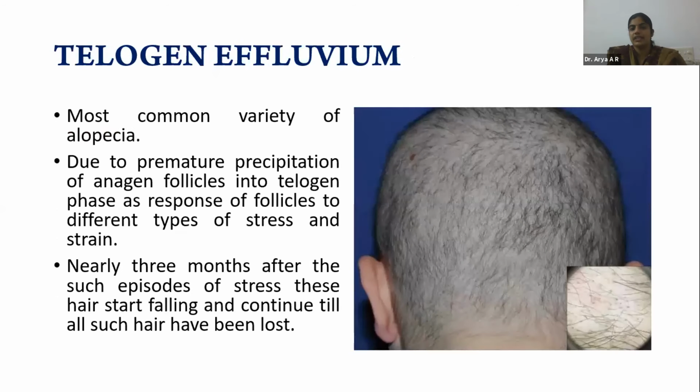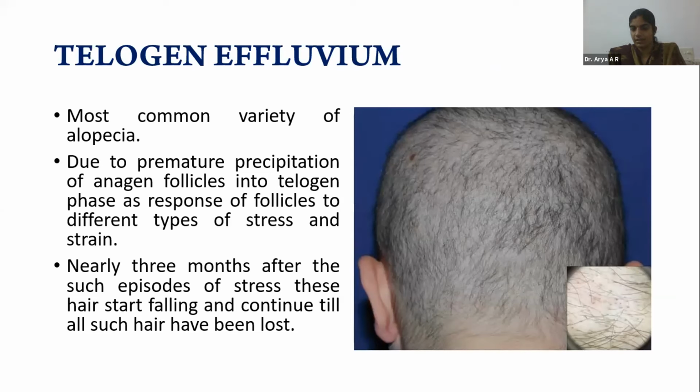The first one is telogen effluvium or else diffuse alopecia. It is the most common variety of alopecia. As I said earlier, in the normal hair growth cycle, we have three stages: anagen, catagen, and then telogen.